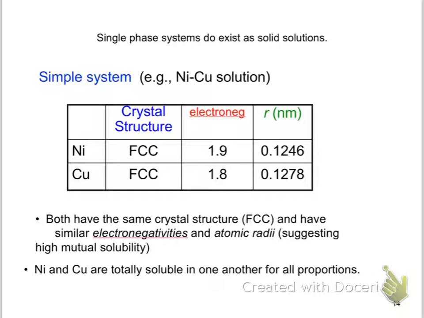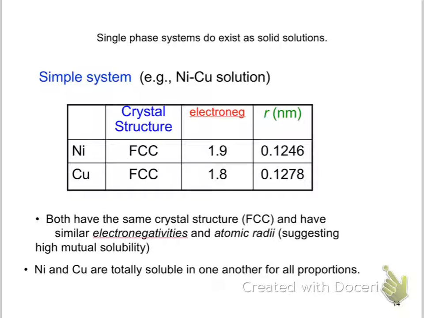Now, I'm going to point out that simple systems, and we're still using metal mixtures, do exist as solid solutions where they are completely soluble within each other. This is a good example where nickel and copper are totally soluble within each other.